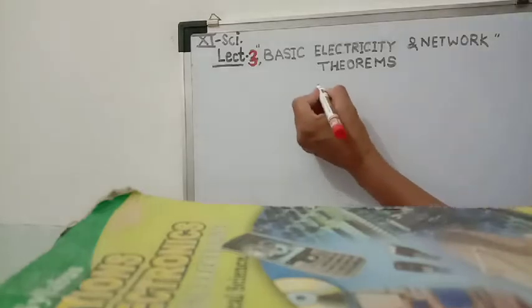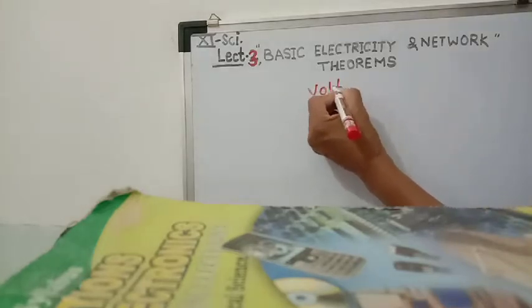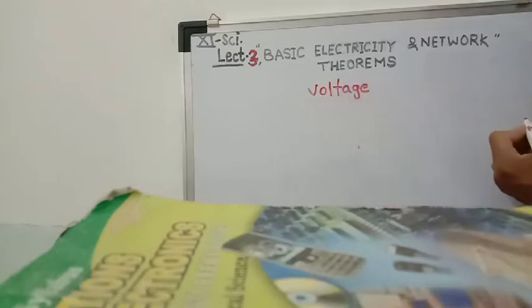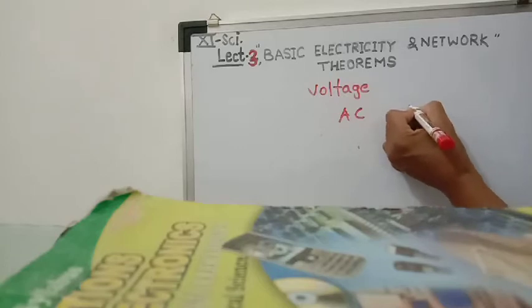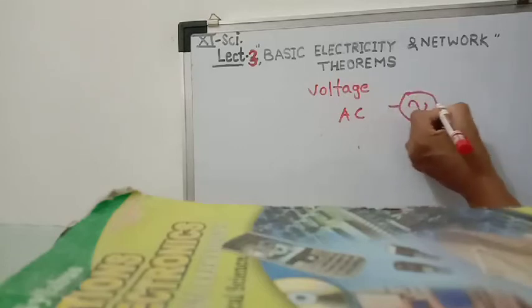So first is voltage. AC voltage is indicated like this. This is AC voltage.